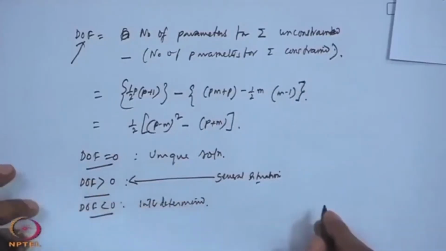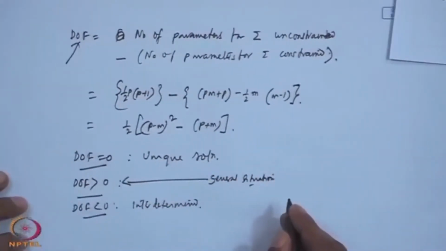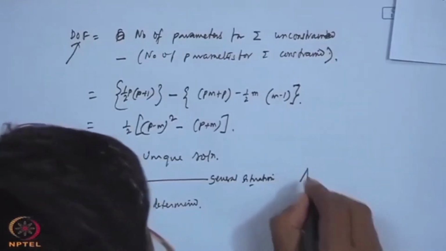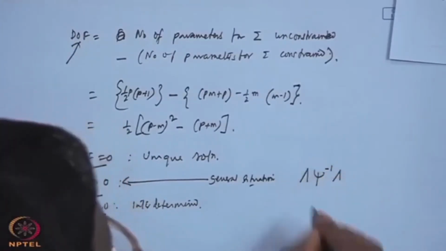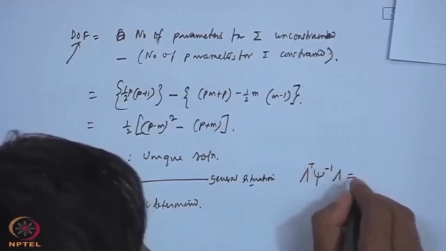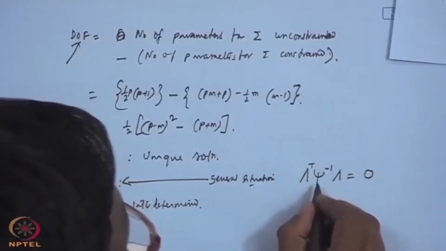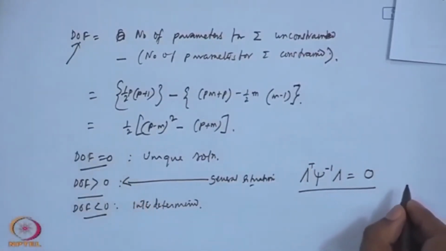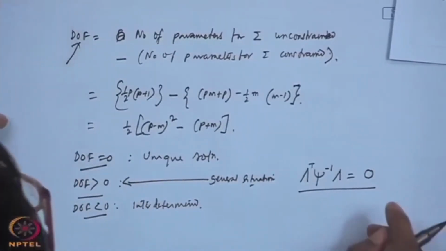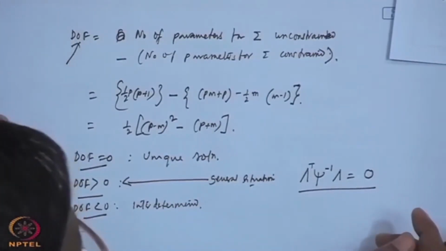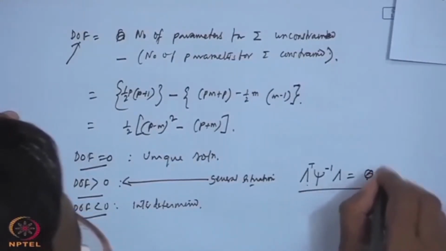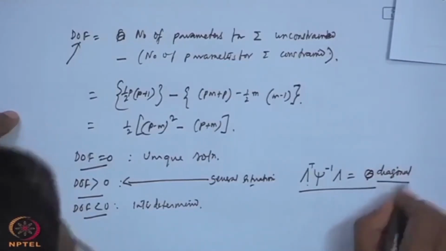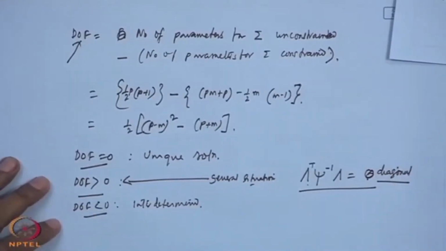So you require to put certain constraints. That constraint will be lambda transpose psi inverse lambda becoming 0 off the diagonal, so this will become diagonal. That is the constraint.